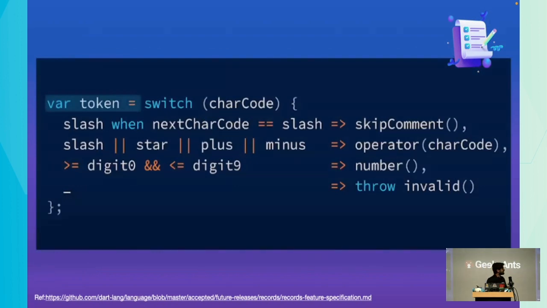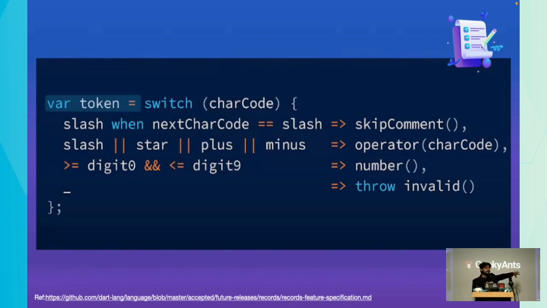The same code which we saw here can be written like this as well. You can assign that to some value, and if you write all these things in one line, it will look like this. If your character is slash and the next character is also slash, it means it is a comment, so you can skip it.